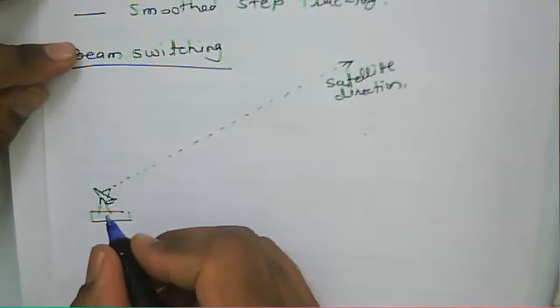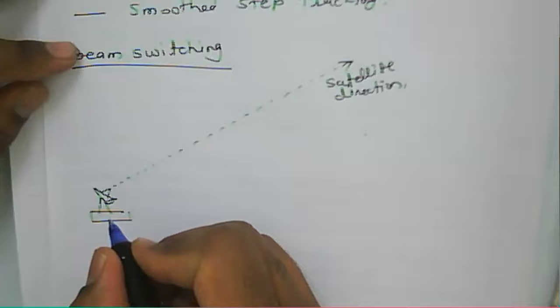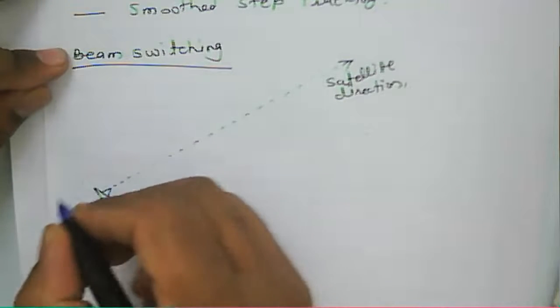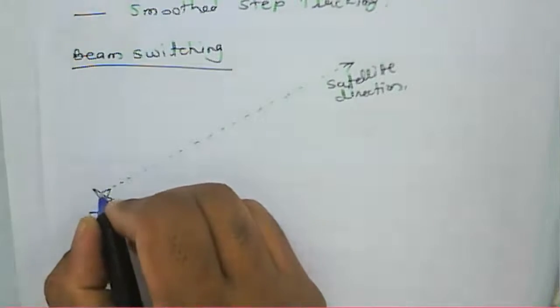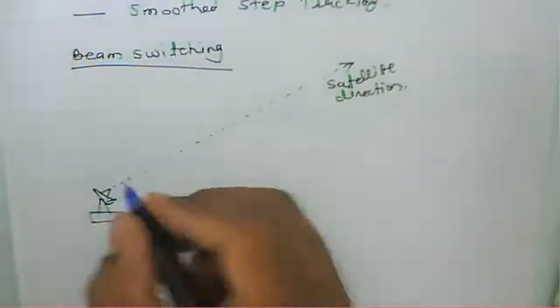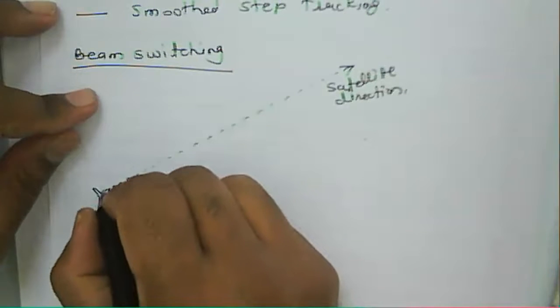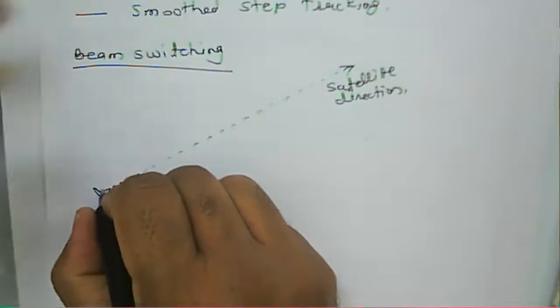For this, we need to find out that generally an antenna generates two patterns.